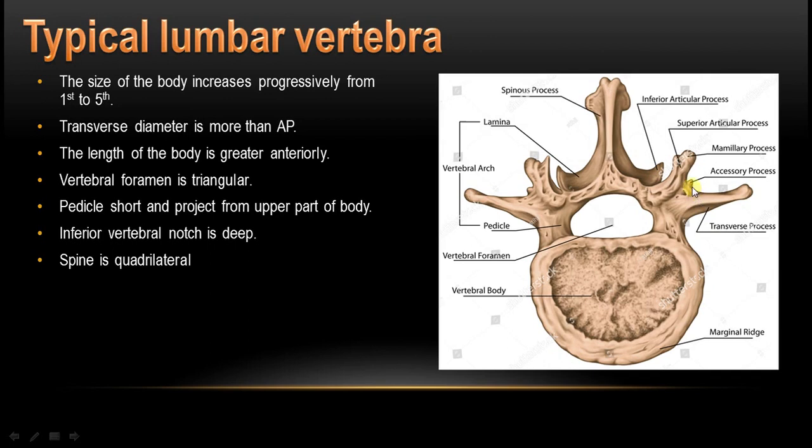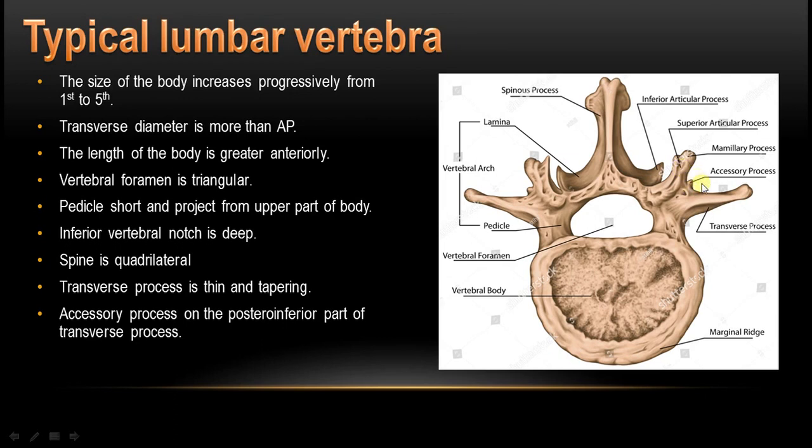Here you are able to see the accessory process and the mammillary process. On the posterior inferior part of the transverse process, you see an accessory transverse process, which is a typical feature of the lumbar vertebra. In the same way, you also see a mammillary process on the superior articular process.